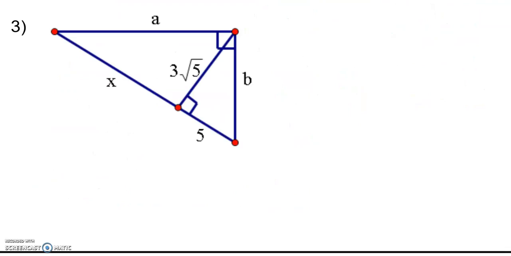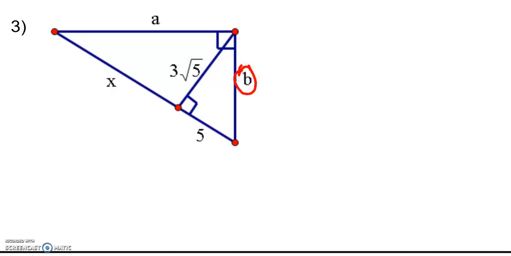Alright, so now on number 3. I want you to pause the video for a second and try this problem on your own. Okay, so the first step in solving this problem is we're actually going to use the Pythagorean theorem to solve for b.